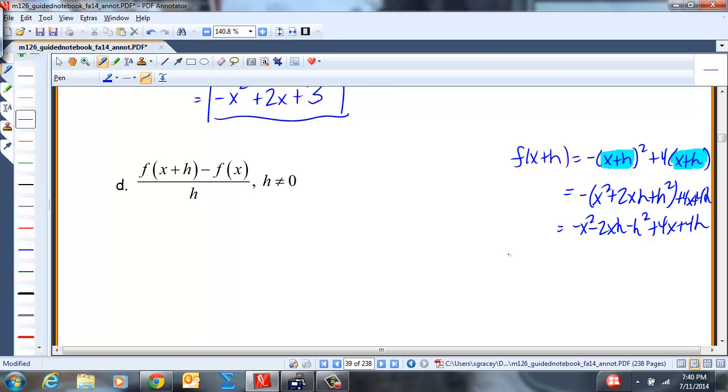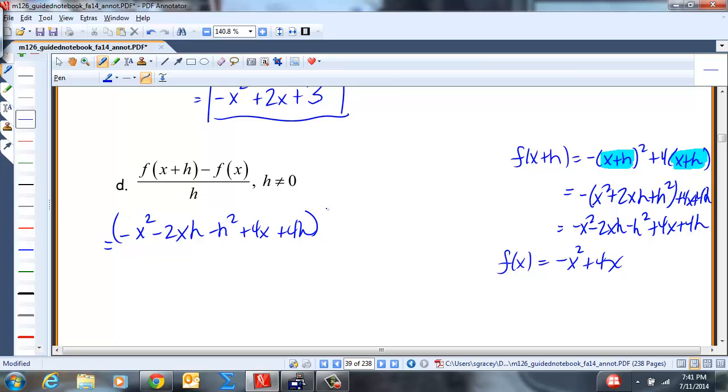And recall that f of x was negative x squared plus 4x. So plugging in these values, we'll have f at x plus h was negative x squared minus 2 times x times h minus h squared plus 4x plus 4h.